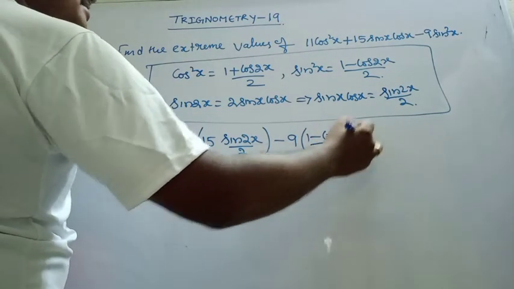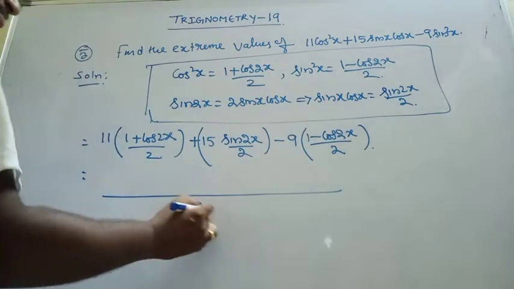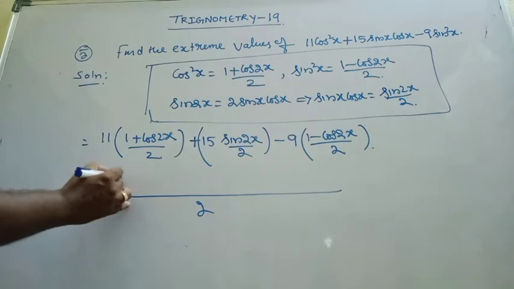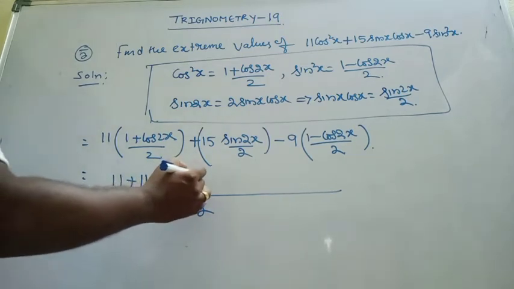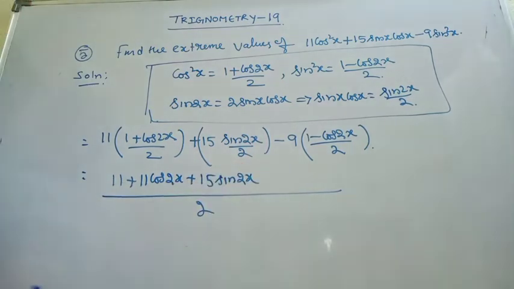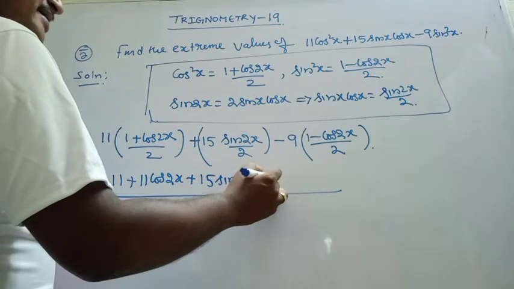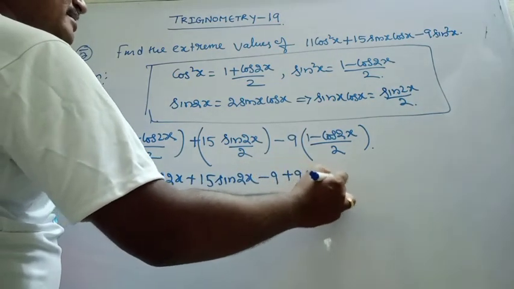Now if you take LCM as 2, you have 11 plus 11 cos 2x plus 15 sin 2x minus 9, and minus into minus gives plus 9 cos 2x, right?